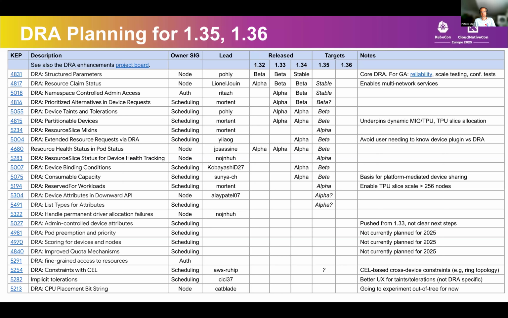That could be extended to just have additional fields for health information combined with a no op effect, and then both the driver and the admin could publish a taint and say, okay, this is tainted. We don't know what the effect is, but here's some information about it. And that could go a long way towards solving the use cases of that cap. But yeah, we're not sure yet.